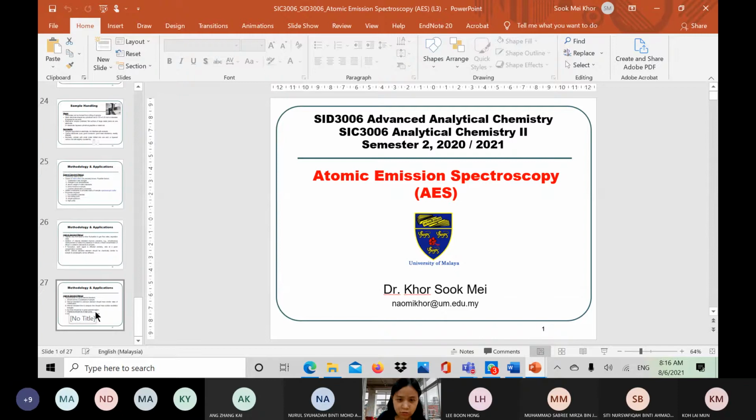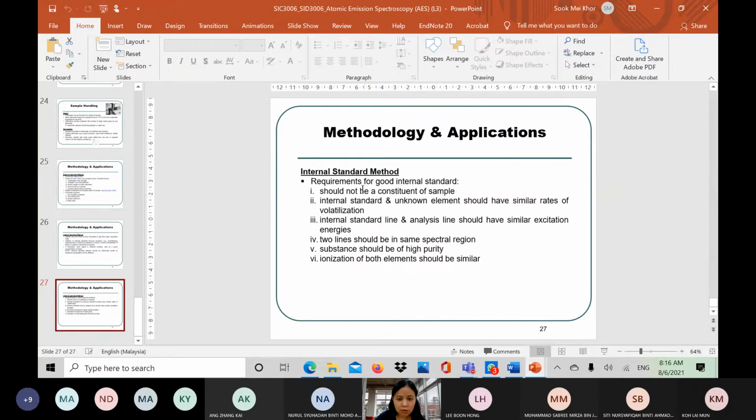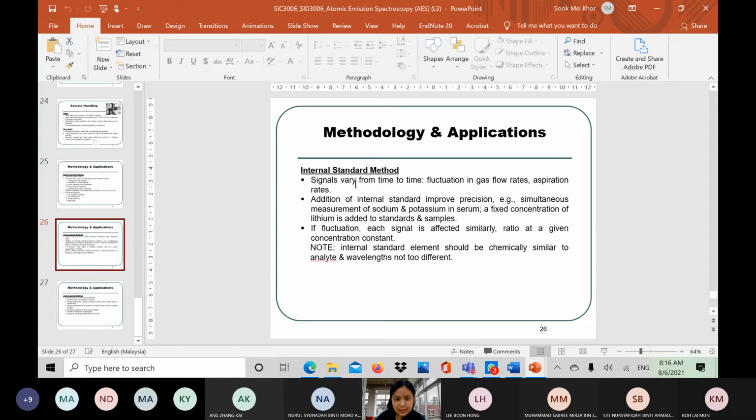But now I want to let you know that not only the temperature will affect the population of the excited atom, but also another thing: the signal will vary. We can get this from the second last slide in our AES pre-recorded lecture, where we need an internal standard to solve the problem.